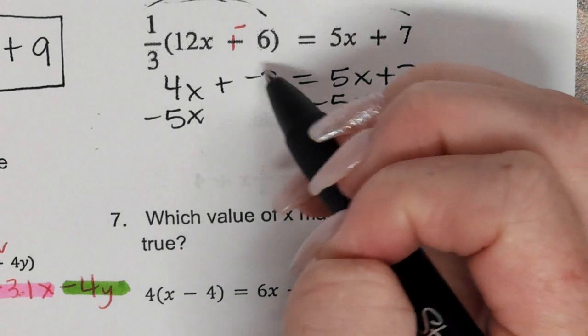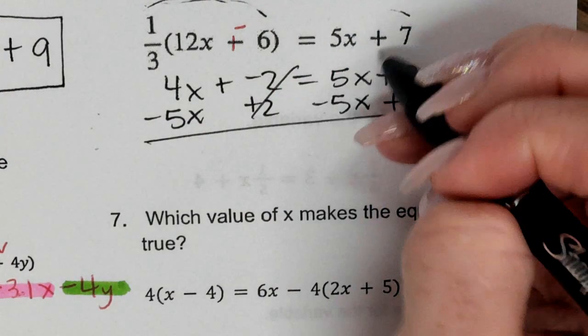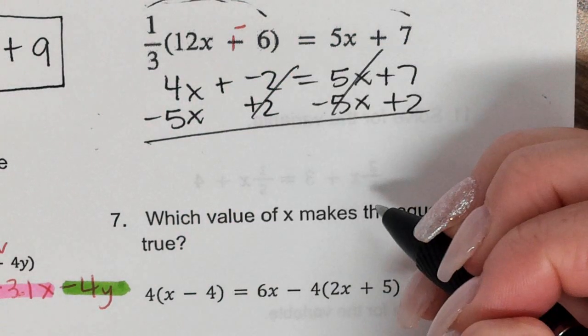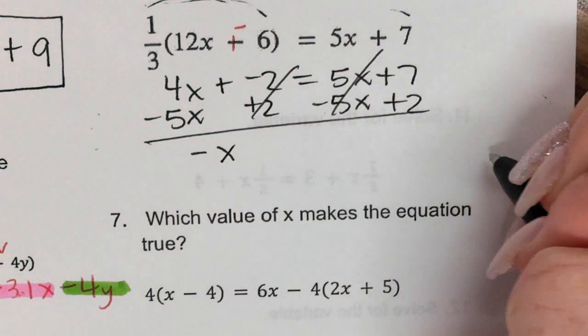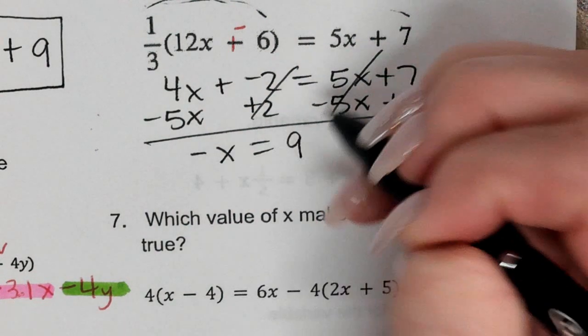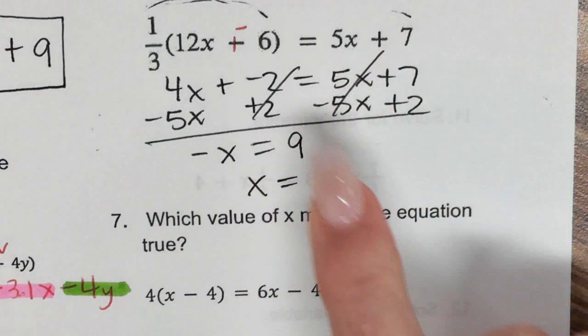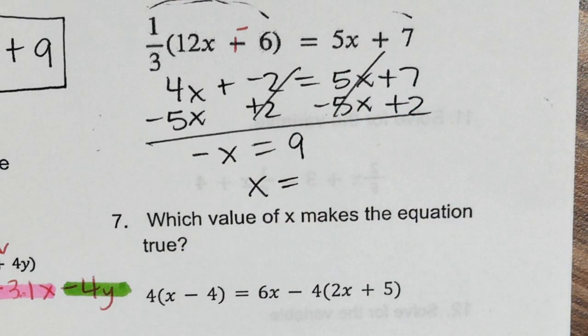How would I get rid of this negative 2? So I just do it all in one step. So I have 4 minus 5, which is negative x, yes, equals, and 7 plus 2 is 9. Can I have a negative x? No. So I just change it to positive, and whatever's on the right becomes the opposite, so negative 9.